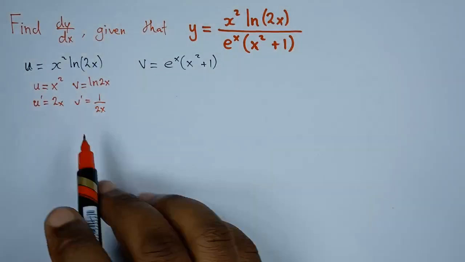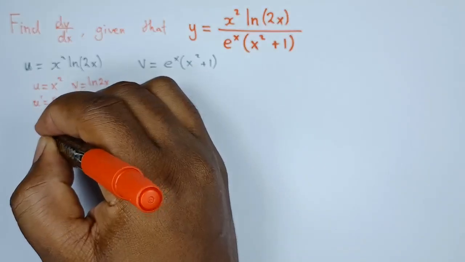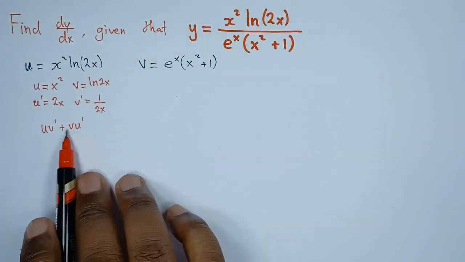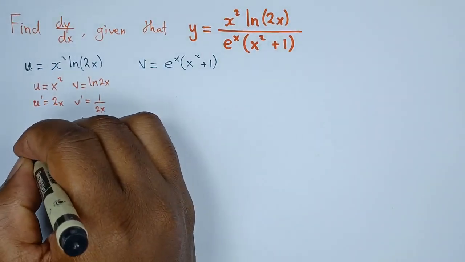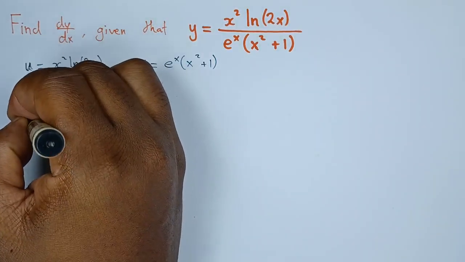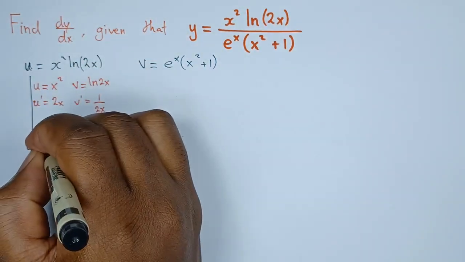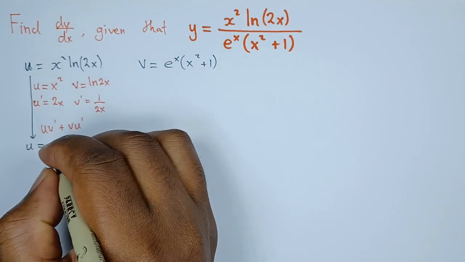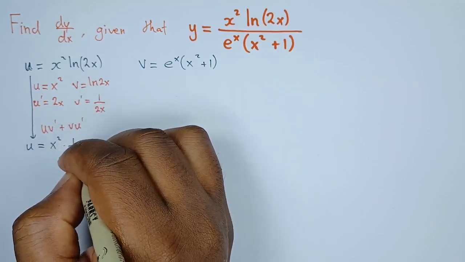Okay. So the formula for the product rule is given by uv prime plus vu prime. So it's just a matter of substituting now, then we get the derivative for that particular expression. So if we do the substitutions, we're applying this formula, which is just substituting what we've got in here. So our u in this case is x squared. Our v prime is 1 over 2x.